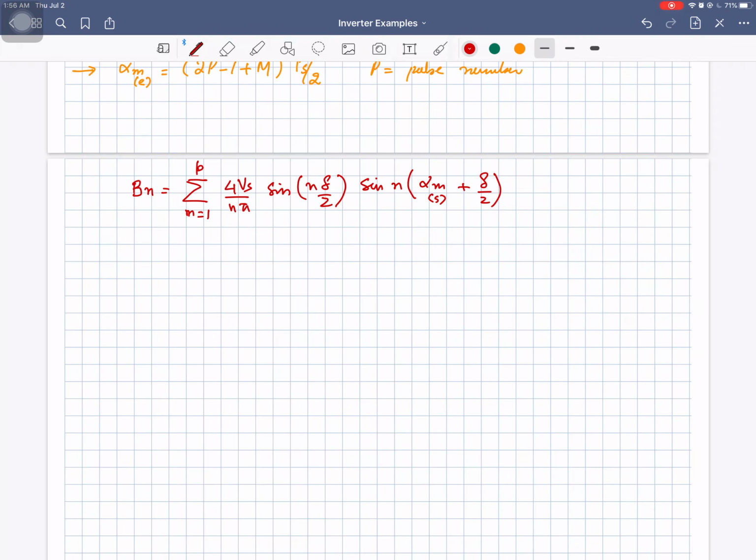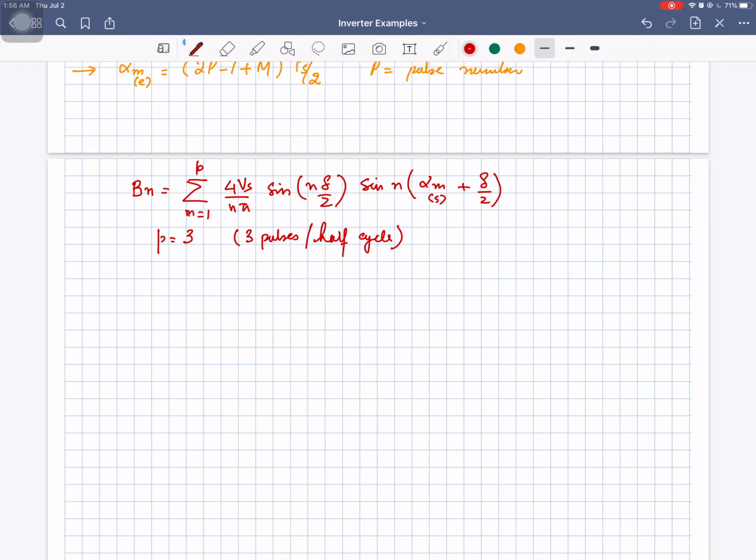Okay, so in this case our small p is equal to 3 because we have 3 pulses per half cycle.